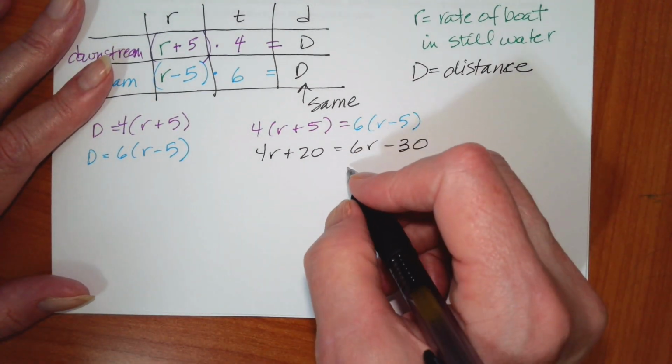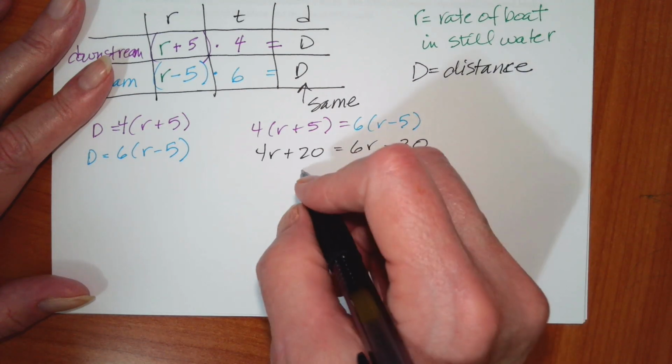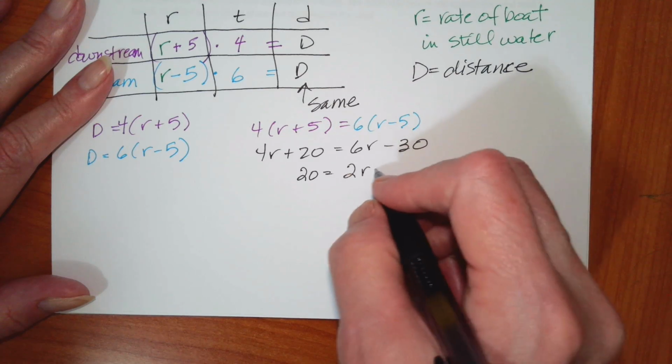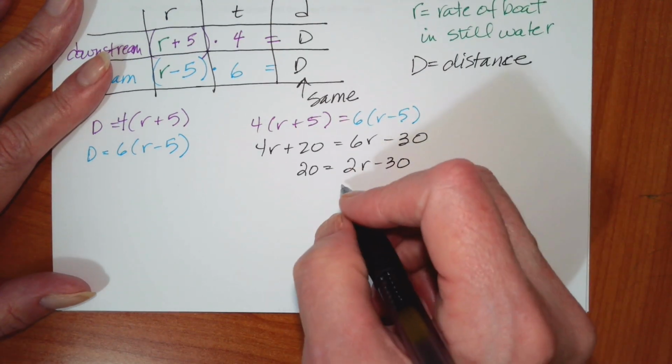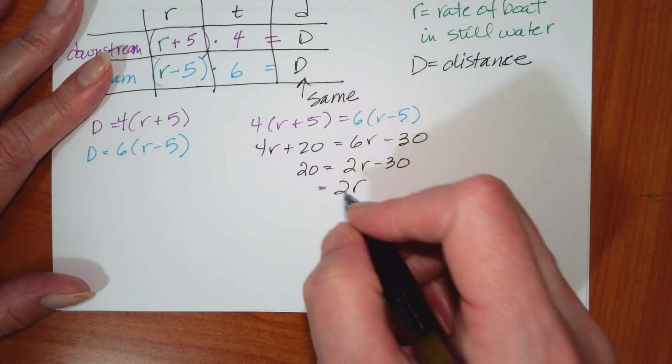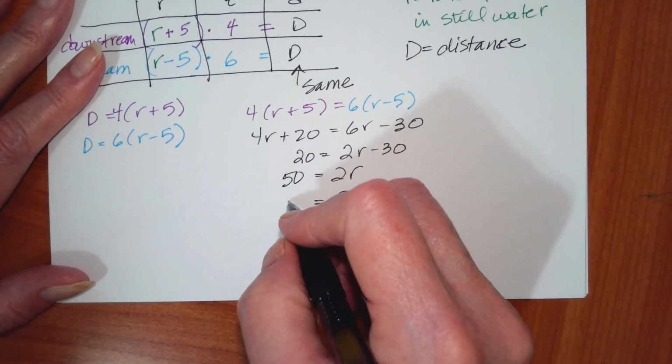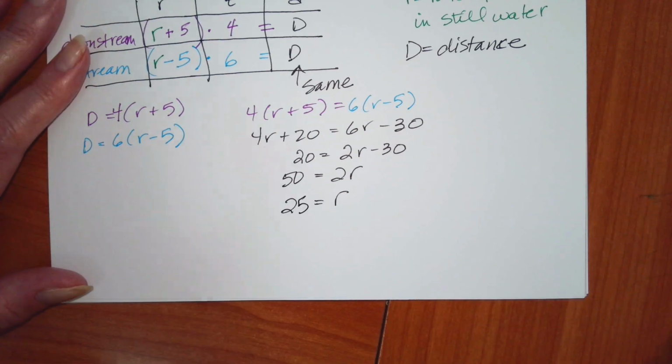So I'll subtract 4r from both sides, so that gives me 20 is equal to 2r minus 30. Add 30. 2r is equal to 50. Divide by 2, and I get r is 25.